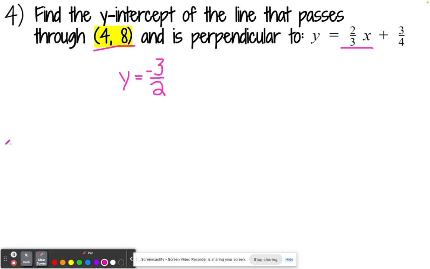So which form do you want to use? Let's do point slope form. y minus 8 equals negative 3 over 2 times x minus 4.